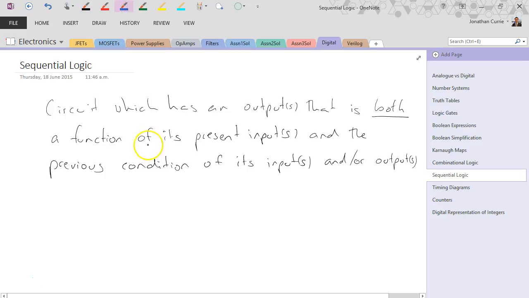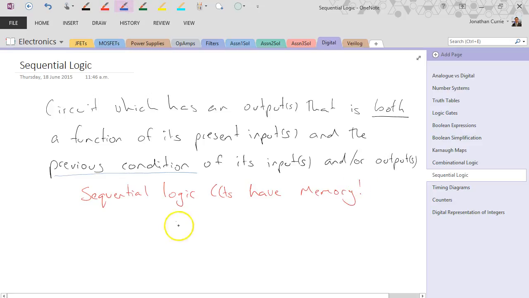And it's this part that says that we've got a function of its previous condition, which means that sequential logic circuits have memory.